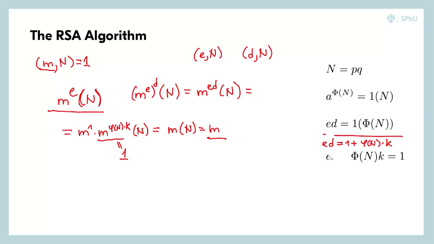To revert it, we need this number D. And to find this number D, we have to know the Euler's function of N big. And to know the Euler's function, we have to know the factors of N big. And as I already told you, it is hard if N big is really big.